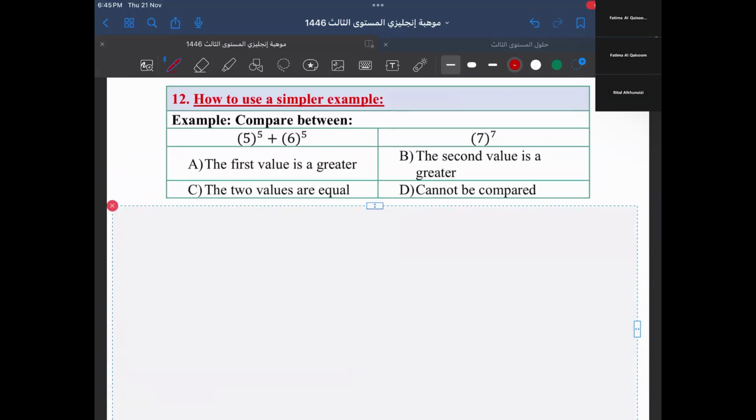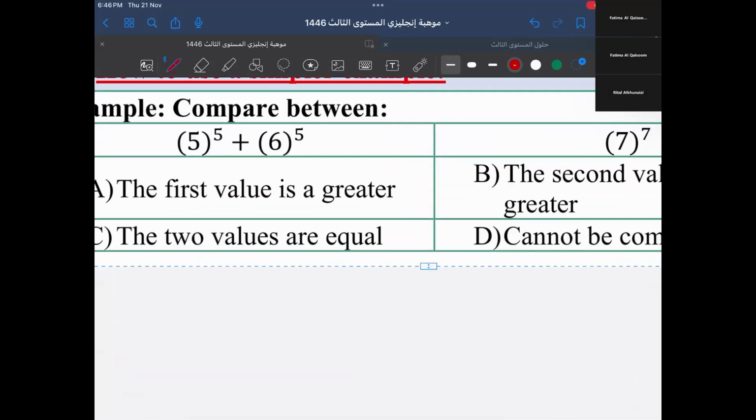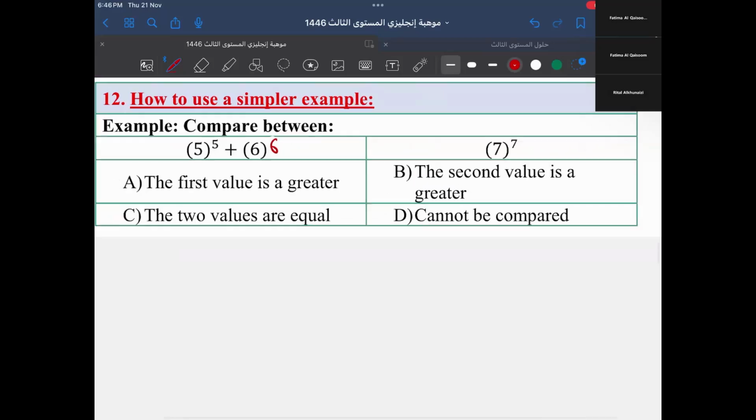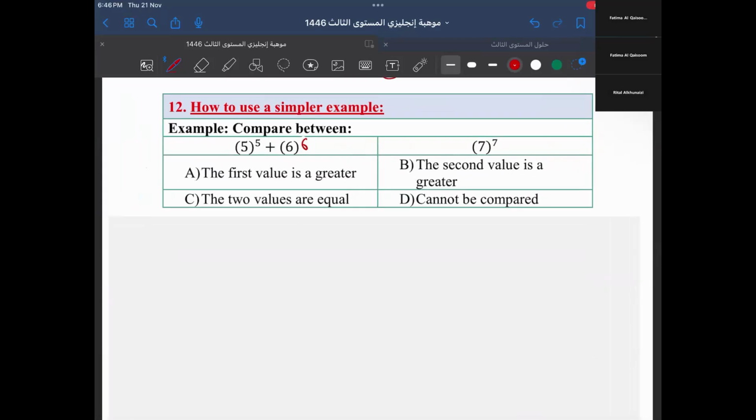Okay, question 12. Use a simpler example. Here we are asked to compare between 5 to the power of 5, plus 6 to the power of 6, and 7 to the power of 7.